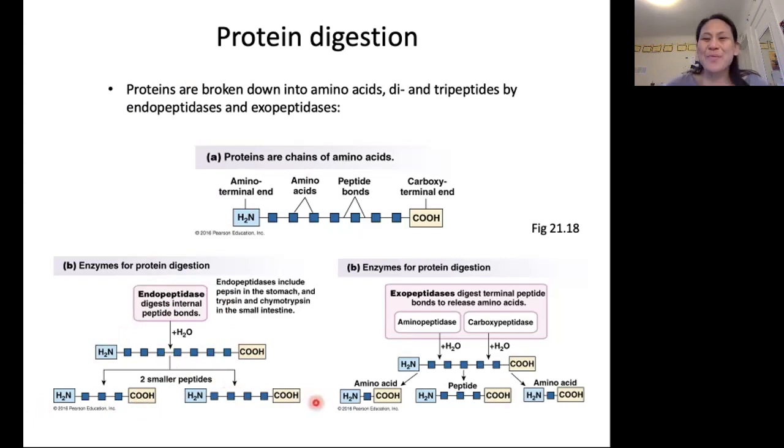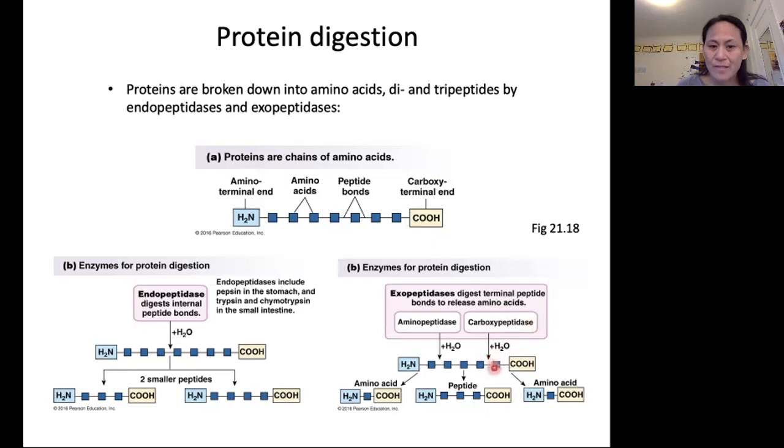And in addition to that, we have what are called exopeptidases, which work by taking off one amino acid at a time. Here we have a polypeptide chain. We have a type of exopeptidase called a carboxypeptidase, which is going to take off the amino acid from the carboxy terminal, right? So that's what's happening here.